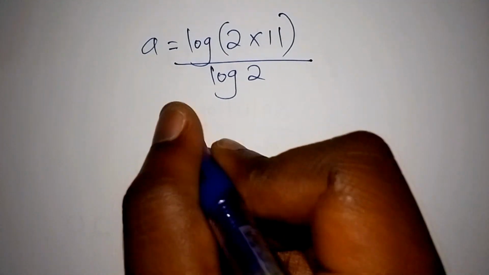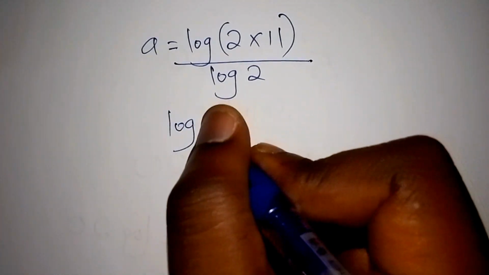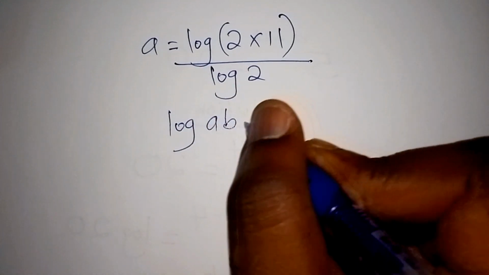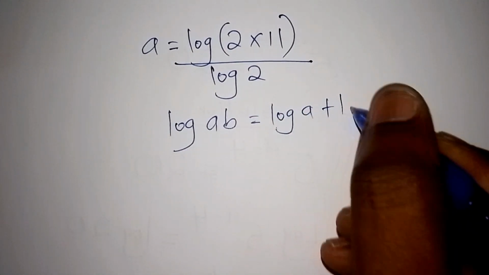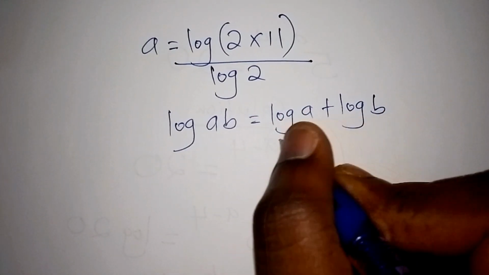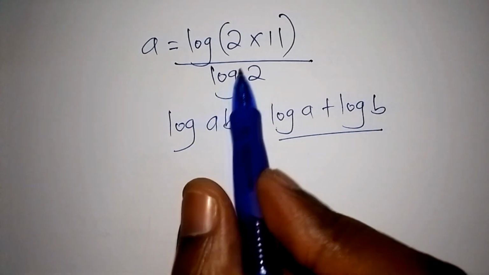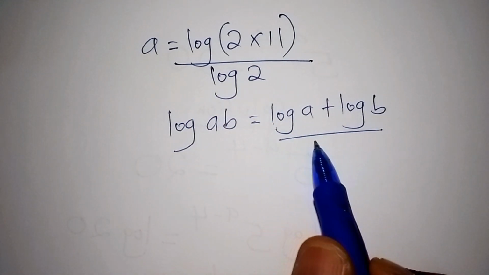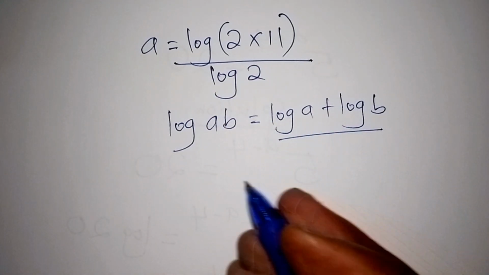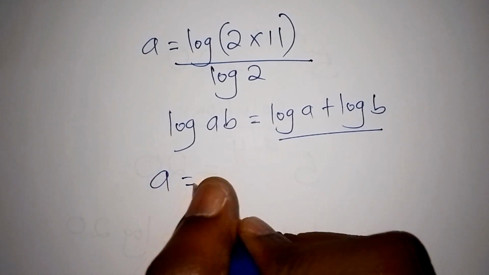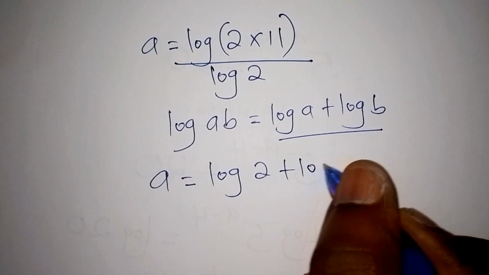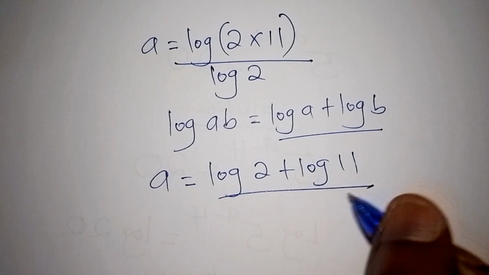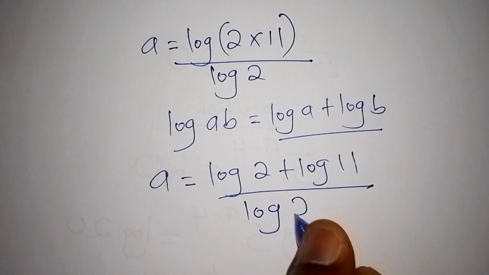Suppose we have the log of ab; this can also be expressed as the log of a plus the log of b. So let's work out the log of 2 times 11 in the form of the log of a plus the log of b. Our value for a shall be written as the log of 2 plus the log of 11 all over the log of 2.